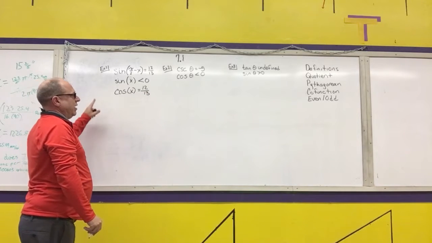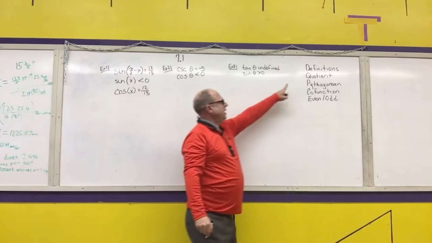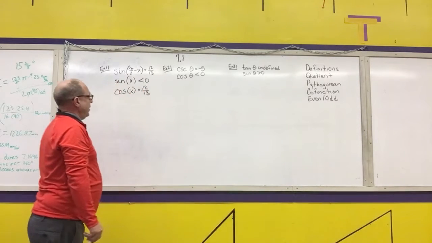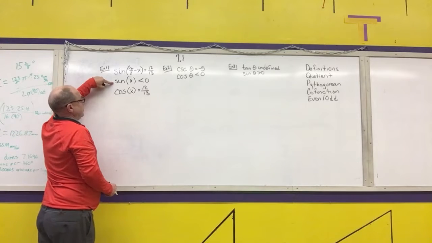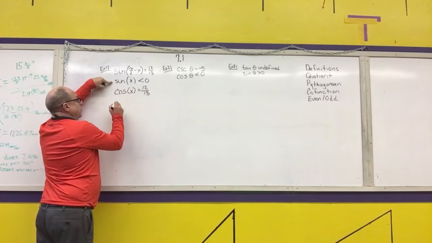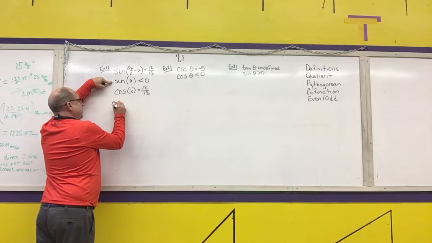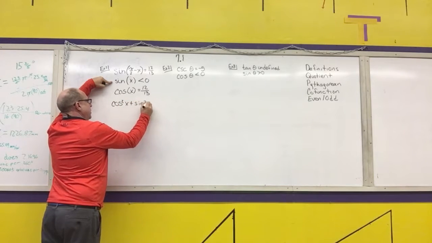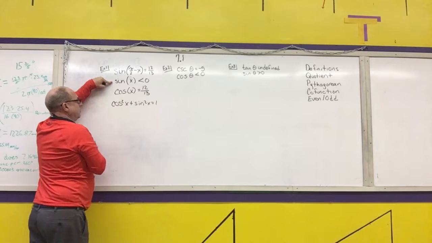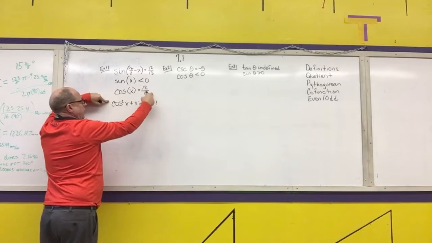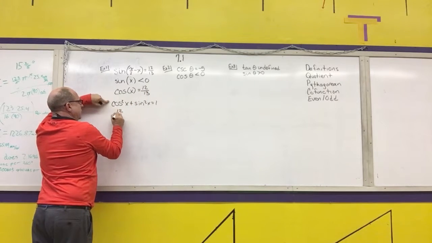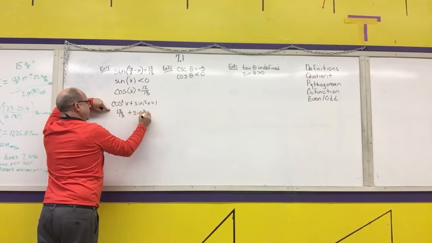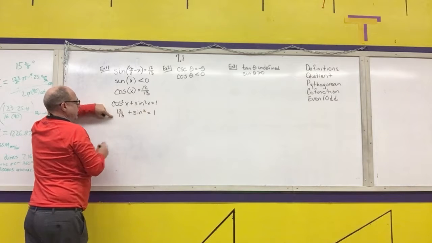From this point, I can now use my Pythagorean identities in order to find out what sine is. Remember, sine is negative. We know that cosine squared of an angle plus the sine squared of an angle is equal to 1. Well, cosine squared is 12 thirteenths. So 12 thirteenths plus sine squared is equal to 1.